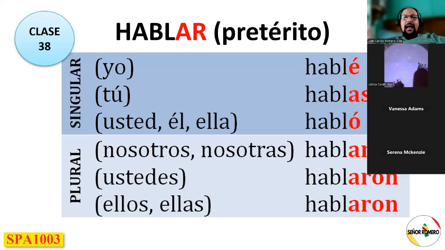So, é, aste, ó, amos, aron. So again, to conjugate any AR verb in Spanish in simple past, this is not present anymore. This is simple past. Just drop the ending AR and you add the corresponding endings. So, hablé, I spoke.